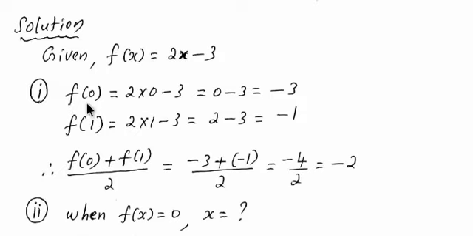F of 0 means just substitute x is equal to 0. Instead of x, we can substitute 0 here. It becomes 2 into 0 minus 3, which is 0 minus 3, equal to minus 3.